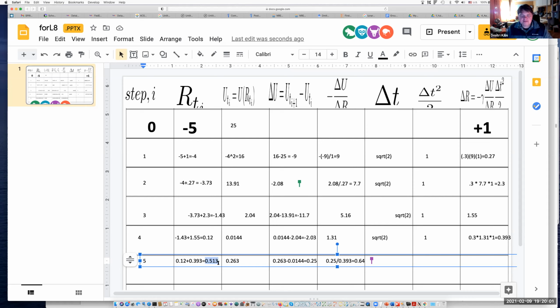So the force in column 5, for the first time, we get a negative force, right?